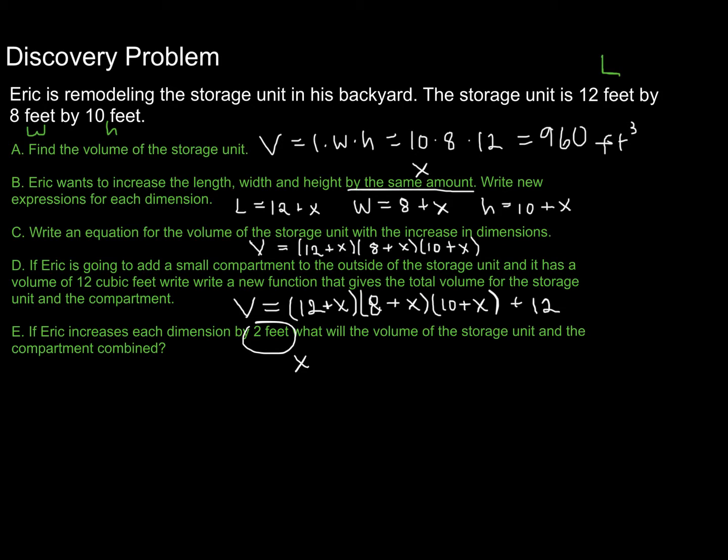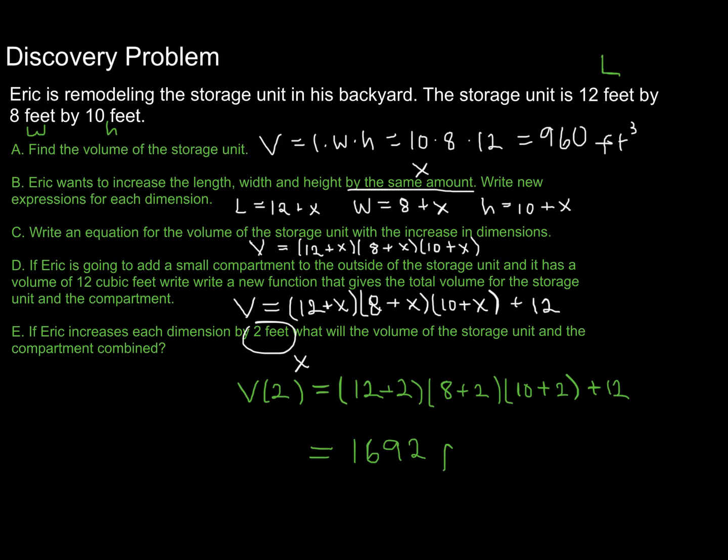So you can plug in this value of 2 into your function, and v of 2 will be given by 12 plus 2 times 8 plus 2 times 10 plus 2 plus 12. And this will be equal to 1,692 cubic feet.